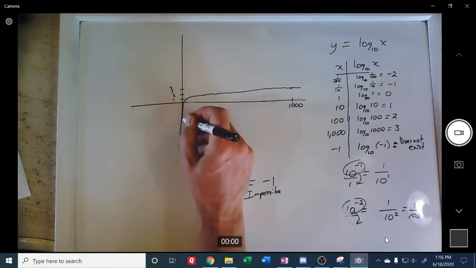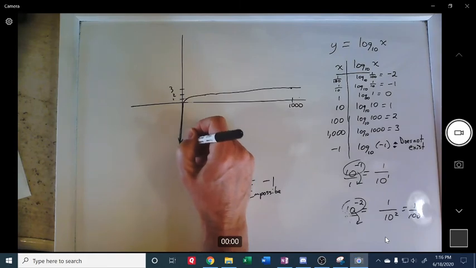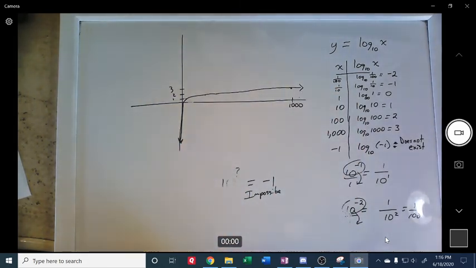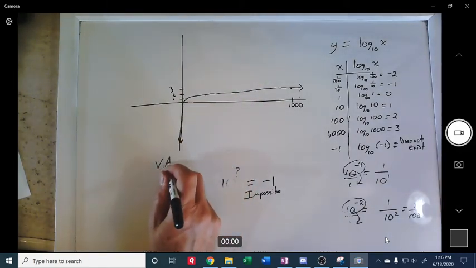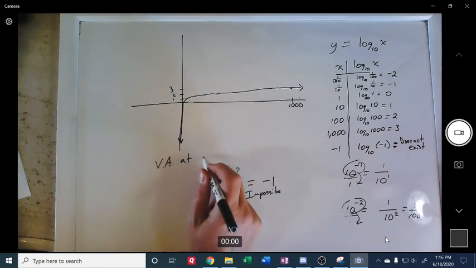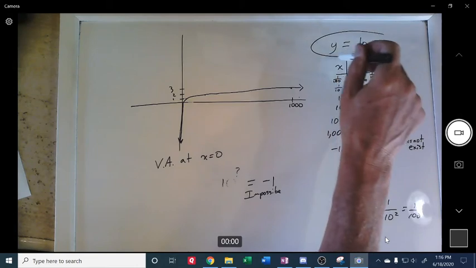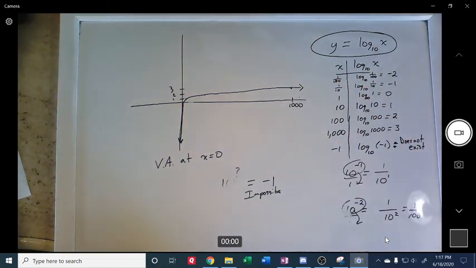It comes and goes really close to the y-axis without ever touching it. And what we see is there's a vertical asymptote at x equals 0. But there was no fraction and there was no denominator equal to 0 over here.